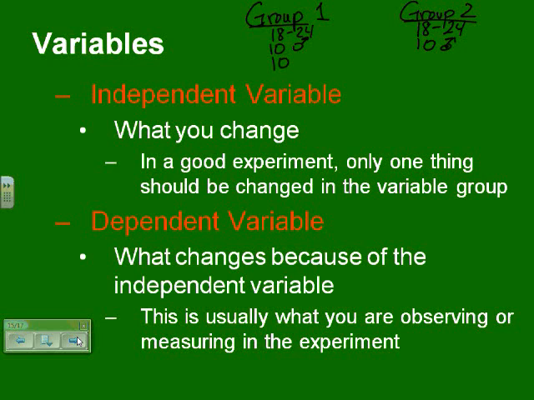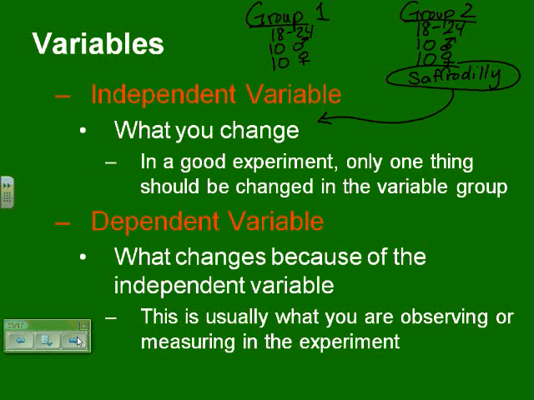Group 1 was 10 female. Group 2 was 10 female. Everything was exactly the same, except group 2 got Safrodili. That's what you change, all right? Taking Safrodili is the independent variable.